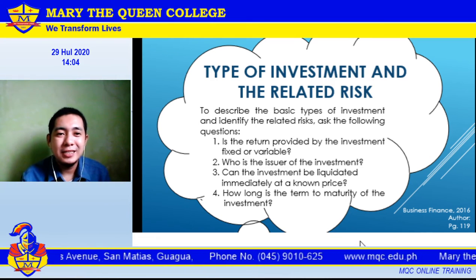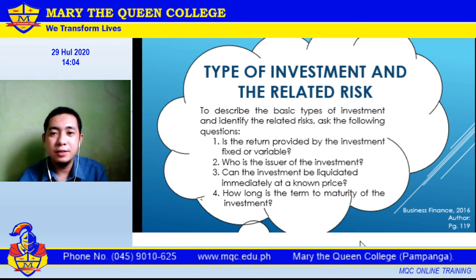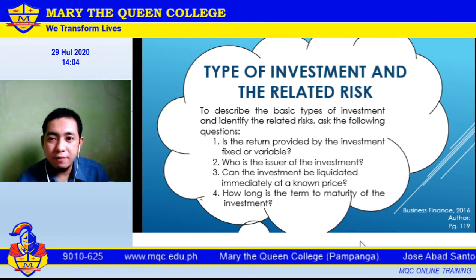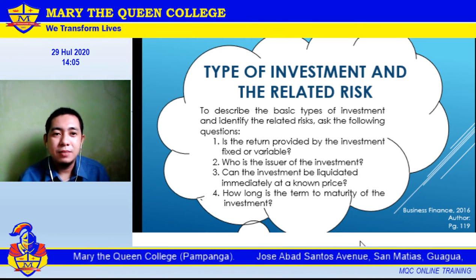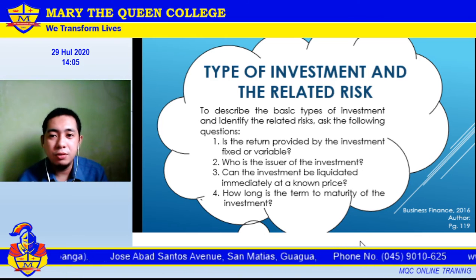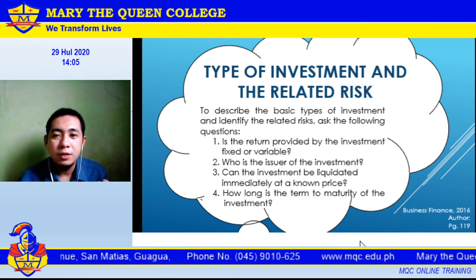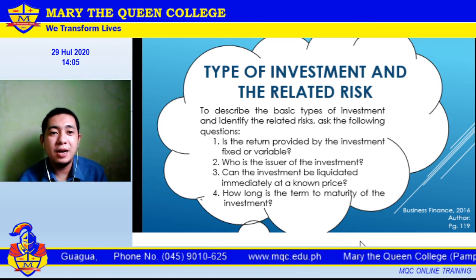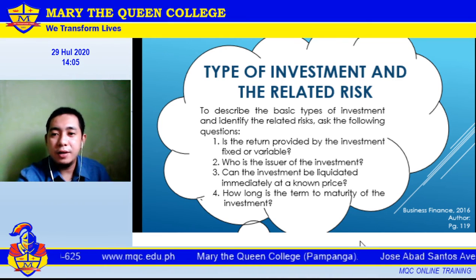Sino ang nagbibigay ng investment is really important. No? Number three, can the investment be liquidated immediately at a known price? Pwede ba i-liquidate yung investment kagad-agad? And how long is the term to maturity of the investment? Hanggang kailan yung investment na yan? No? Okay.